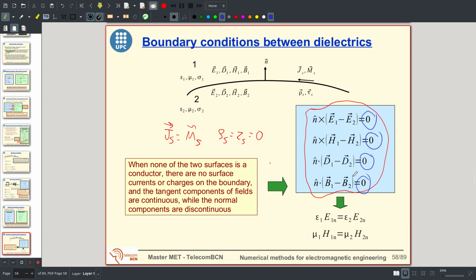You have polarization and magnetization sources, but they cancel out, and there are no net sources, okay?